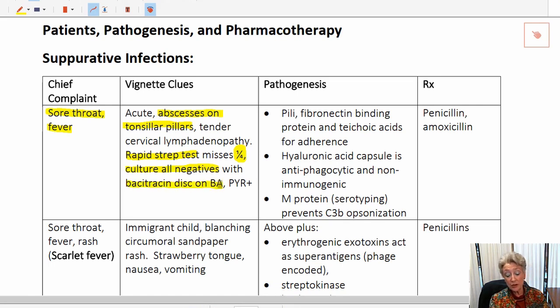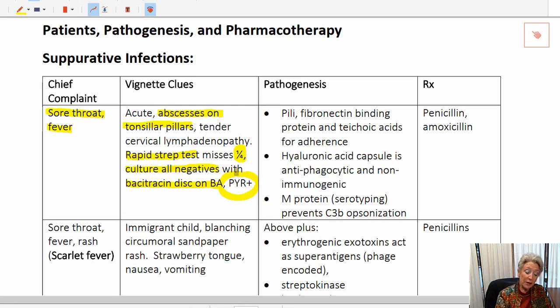with a bacitracin disc. Now, I did not mention the PYR test as we went through the algorithm a moment ago, because I didn't want to overwhelm your brain to the point of death on the first page of the streptococci. But the PYR test is a test for an enzyme. And the problem with this test, well, I guess I should start with the good things about the test, is that it's a very rapid test for an enzyme.